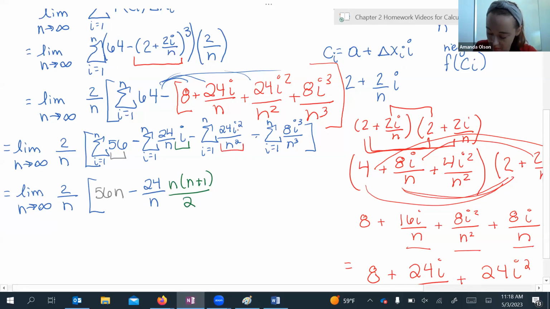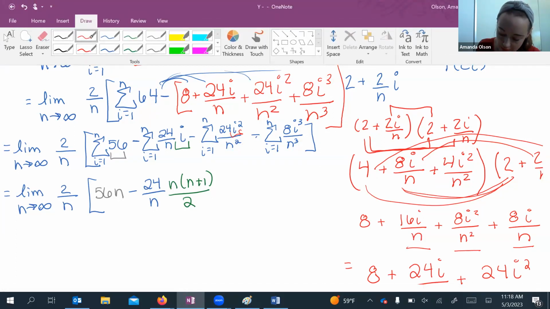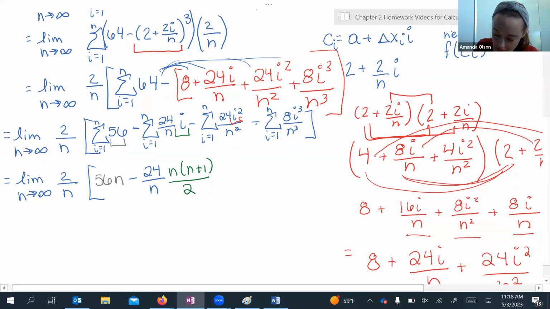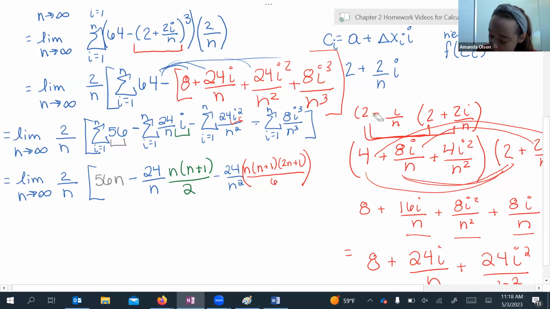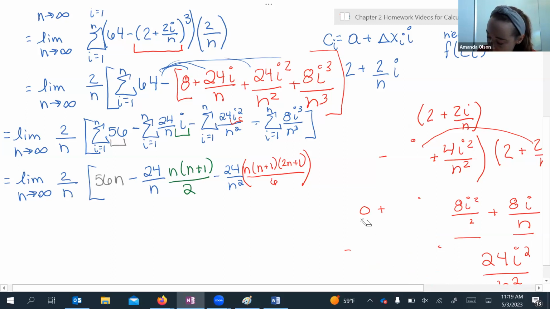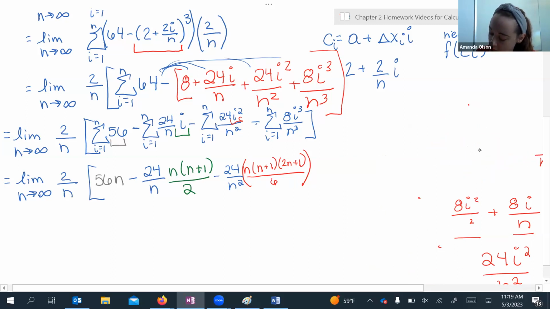And then here we have really just the i squared, the 24 over n squared, that'll stay out front. We have minus 24 over n squared, and then this is going to be n times n plus 1 times 2n plus 1 altogether over 6. And then this stuff over here, I might have to erase it just because it's going to get in the way. Hopefully you wrote that down.